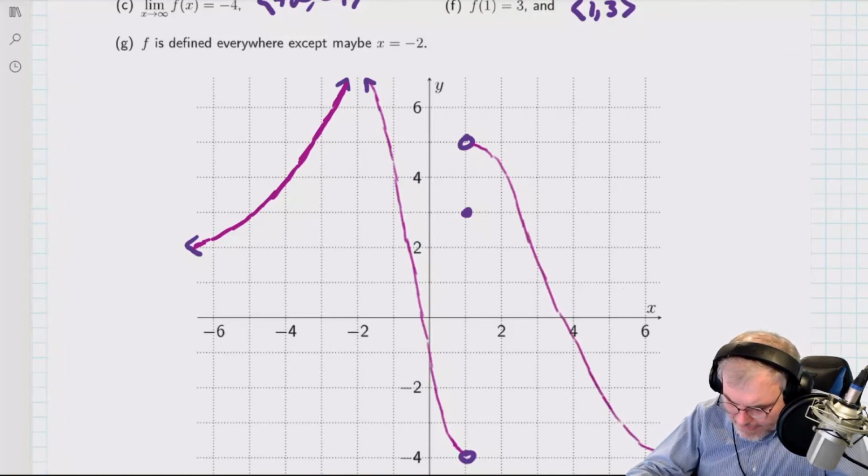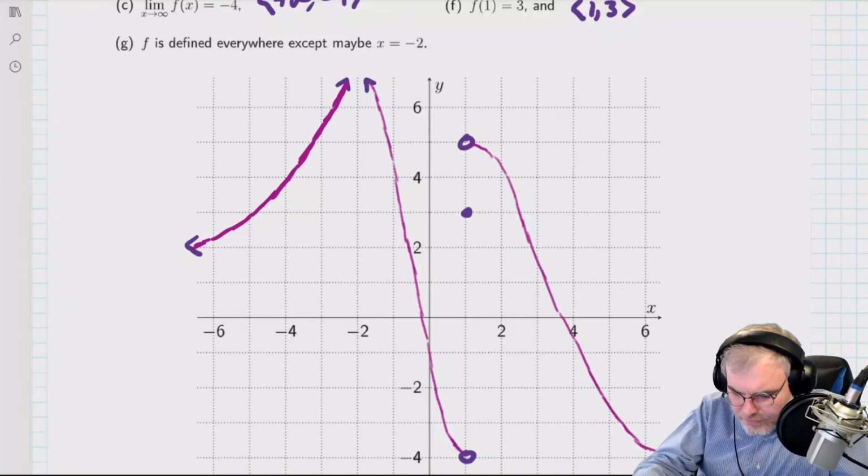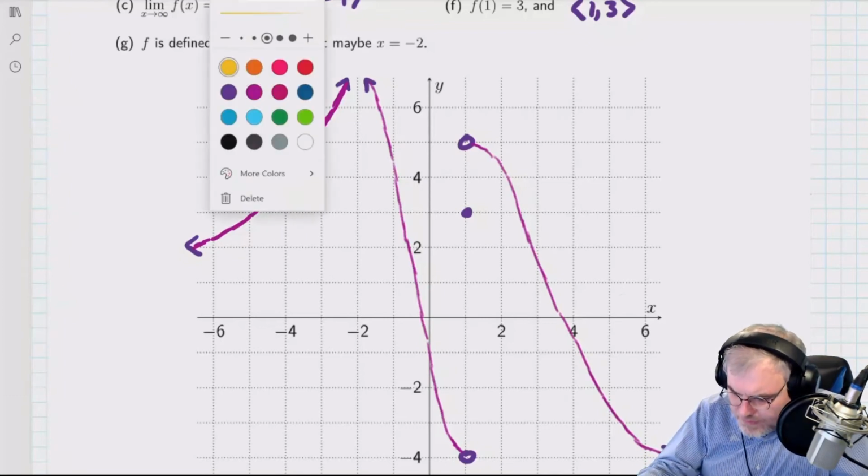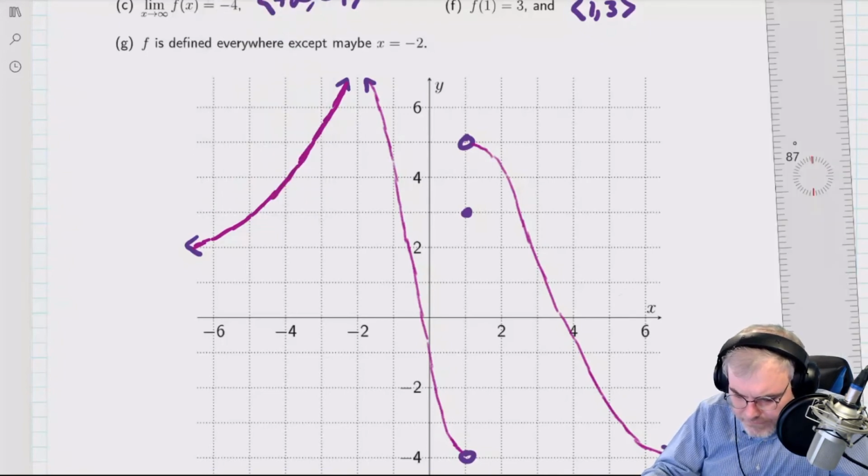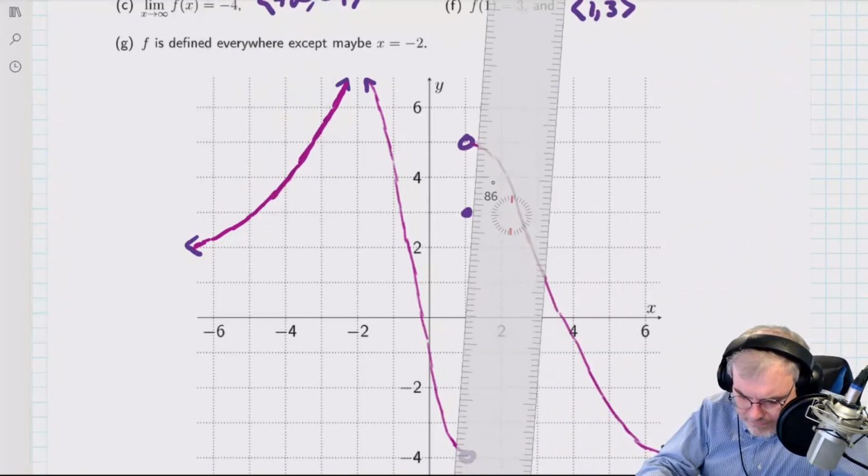And connect the dots. And then maybe I'll give a little notation for the grader to see where my asymptotes are. So let's just do that. Let's see. I've got one here.